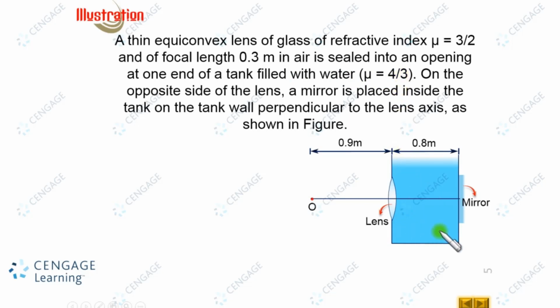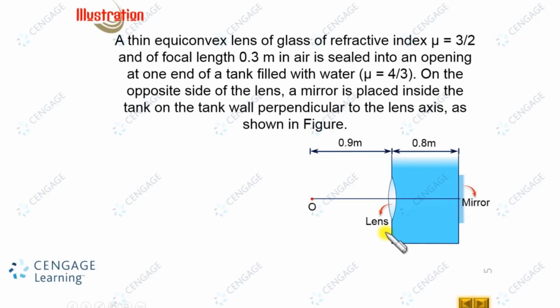You can observe here this is a tank filled with water and the refractive index of the water is 4/3, and this lens is fixed at this position. On the opposite side of the lens, a mirror, a plane mirror, is placed inside the tank on the tank wall perpendicular to the lens axis as shown in the figure.